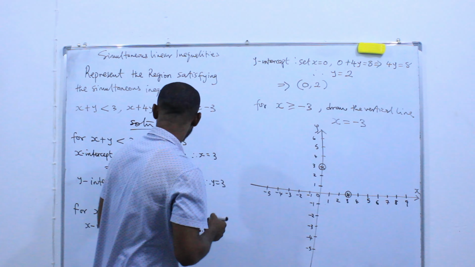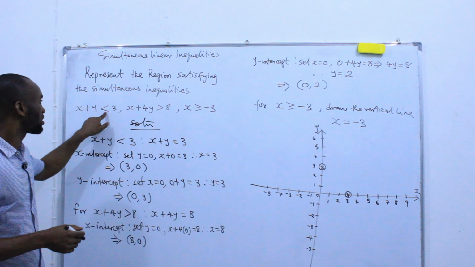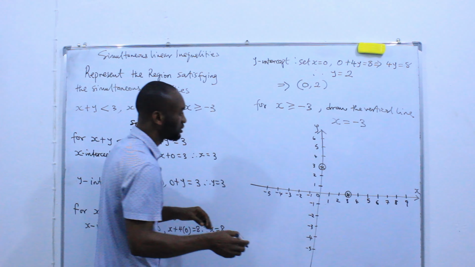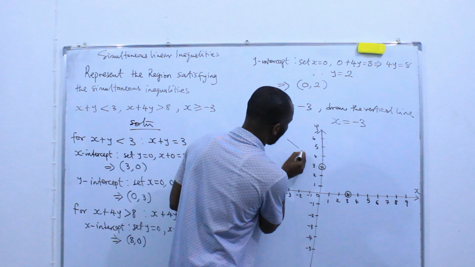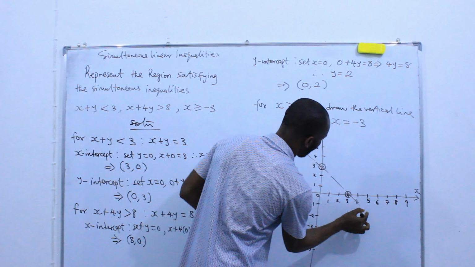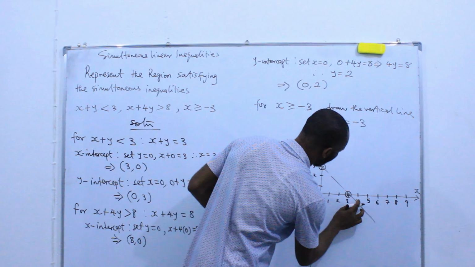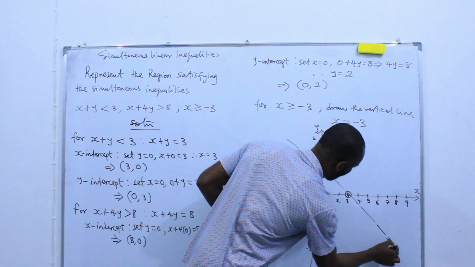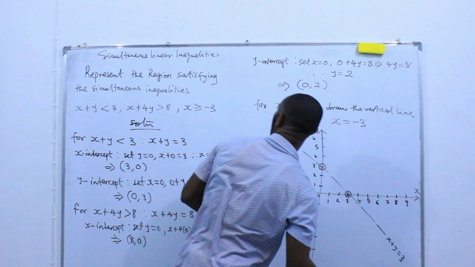So we are going to join them with a broken line, because the inequality is strict. And that is x plus y equals 3.